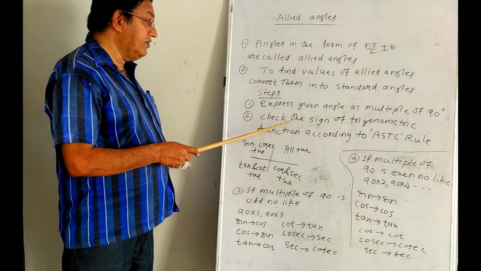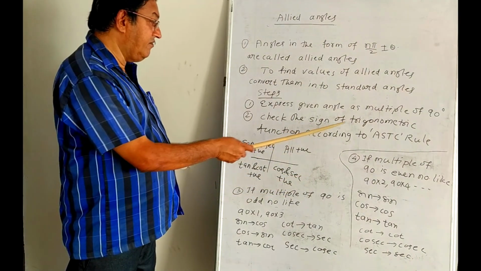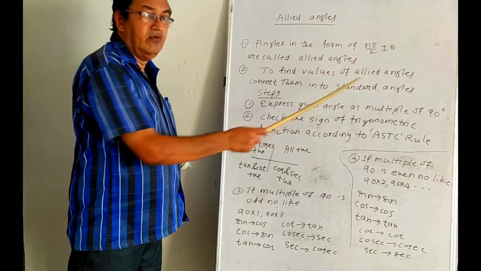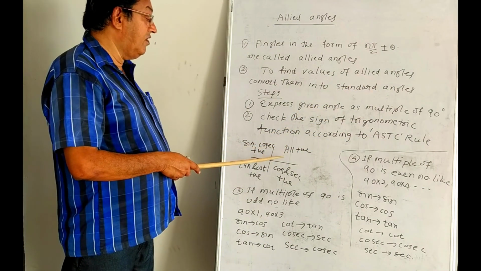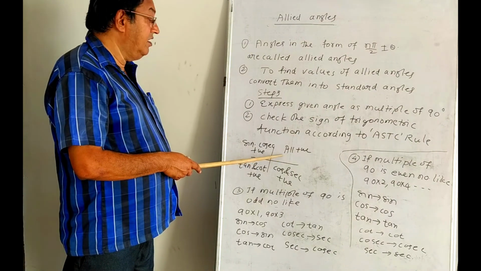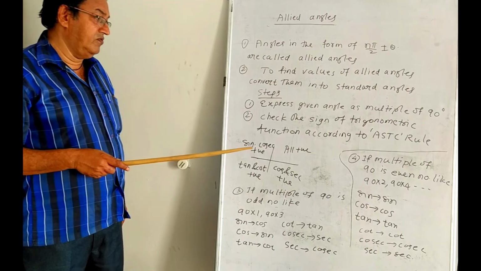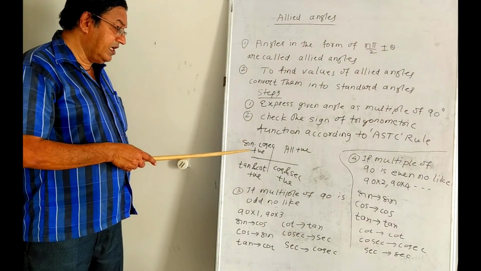Then once we convert as a multiple of 90, you have to check the sign of the trigonometric function according to the ASTC rule. What is this ASTC rule? A stands for first quadrant. In first quadrant, all trigonometric ratios are positive. The second alphabet, S, refers to second quadrant.